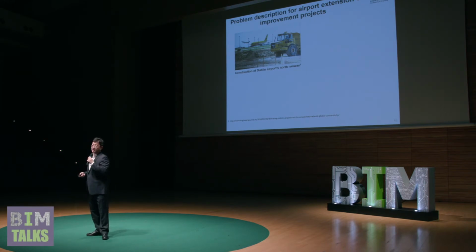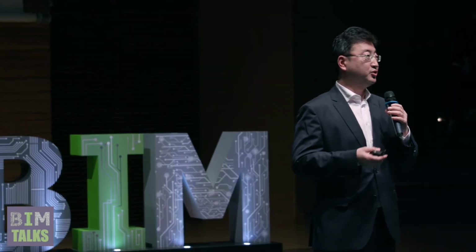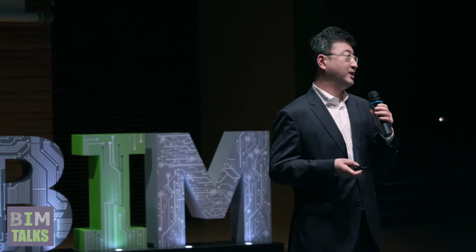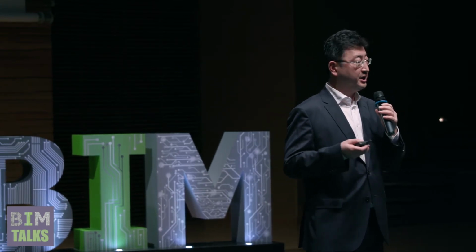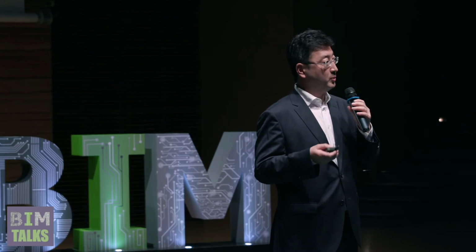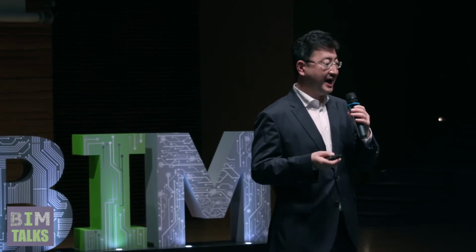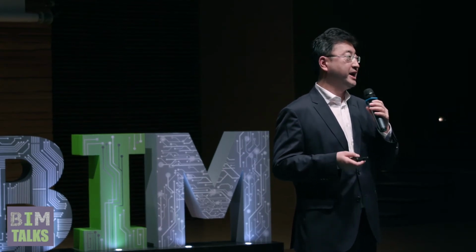Now let's move to how I implemented building information modeling for an airport extension or airport improvement project. During operation of the airport, lots of construction activities occur, because we sometimes need to extend or improve the airport.